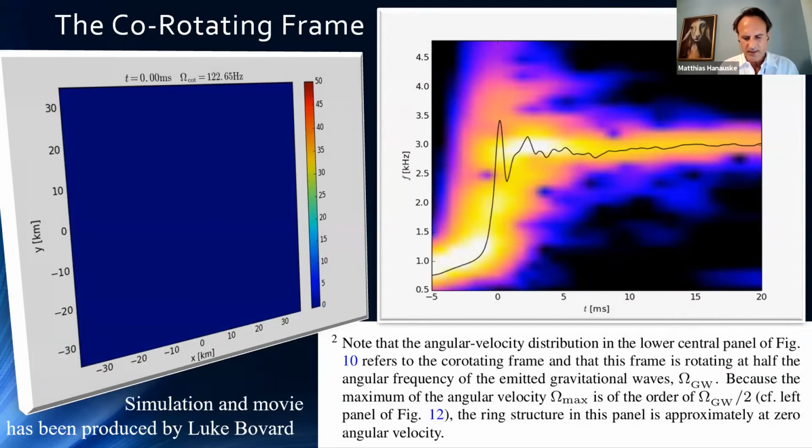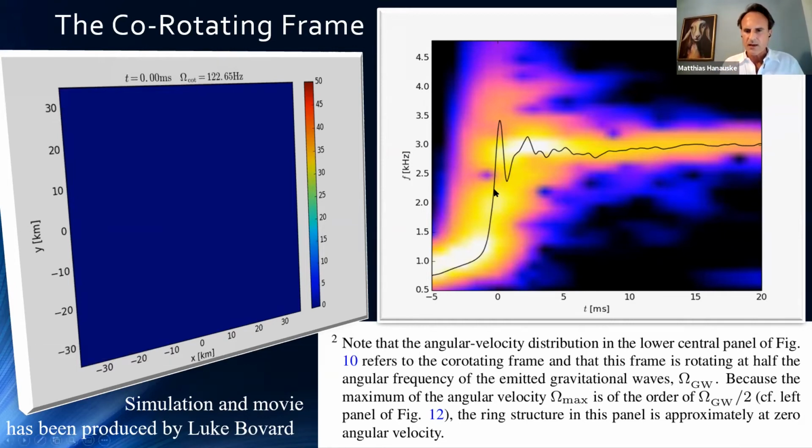We want to look now at what the density and temperature are doing, and also what the fluid elements inside the star are doing. We are transforming into a so-called co-rotating frame. So we are jumping onto the two neutron stars and rotating with them.